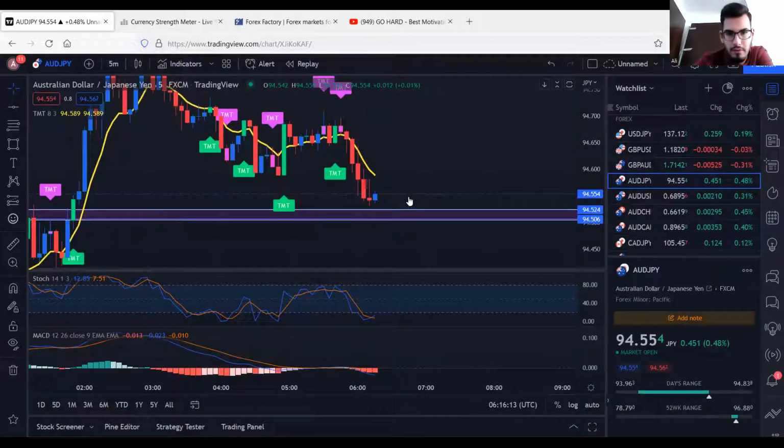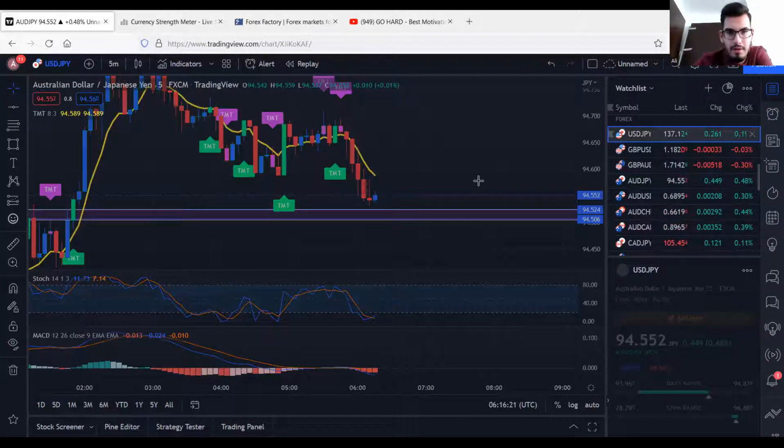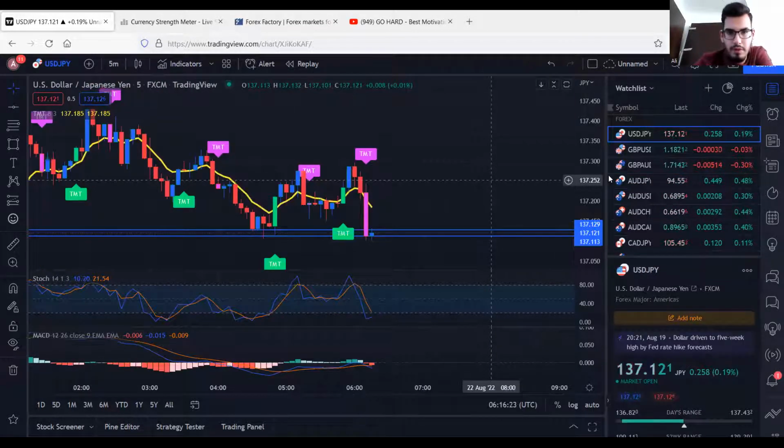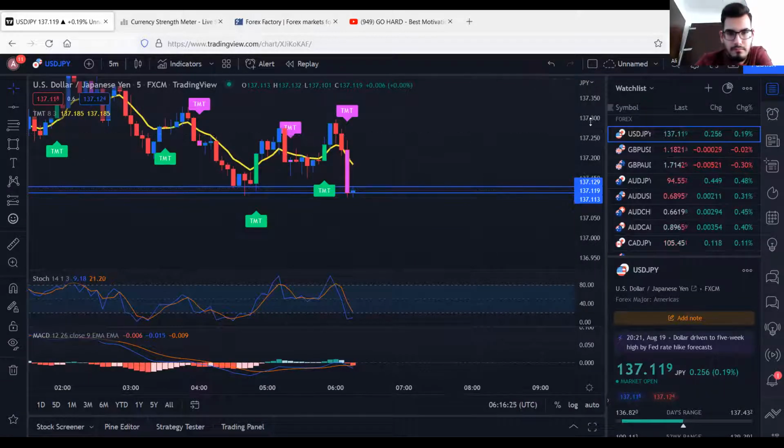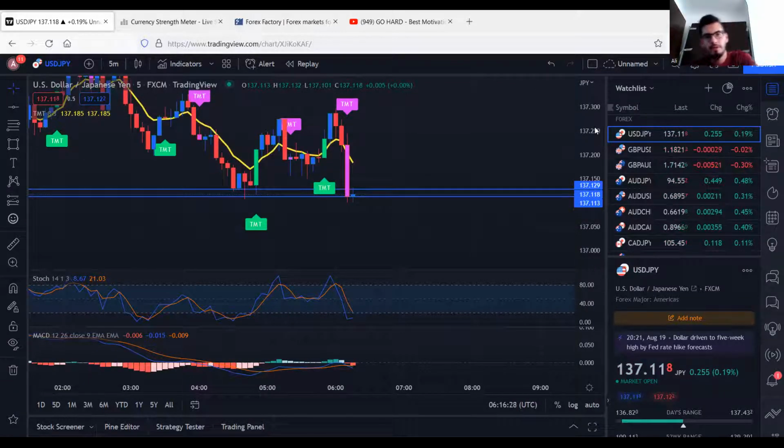Okay, we are not going to count this. We would have counted it if it did hit my area. But realistically, it didn't. But that's fine. Let's check USDJPY. What is it doing? Okay, if we did have an entry there, we would be clearing it so far.